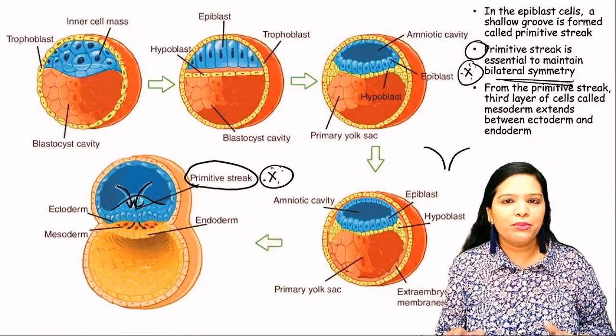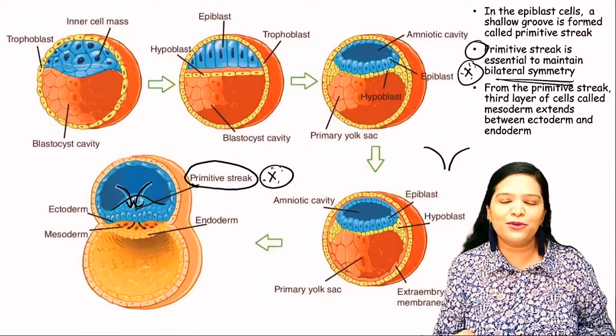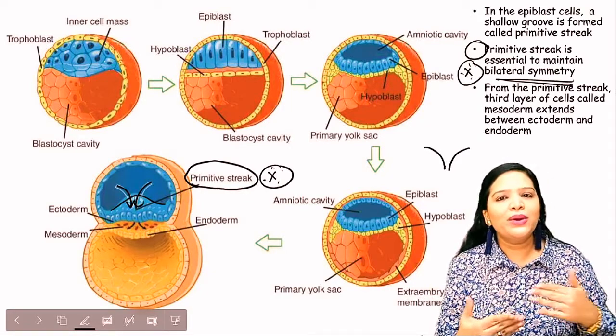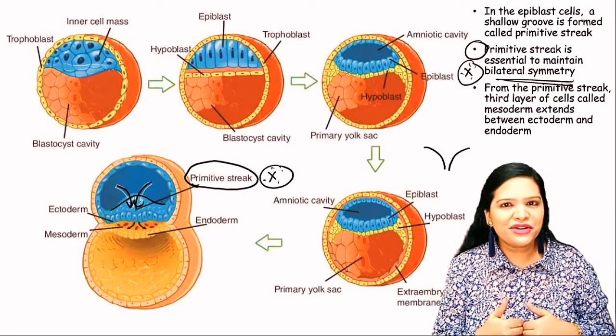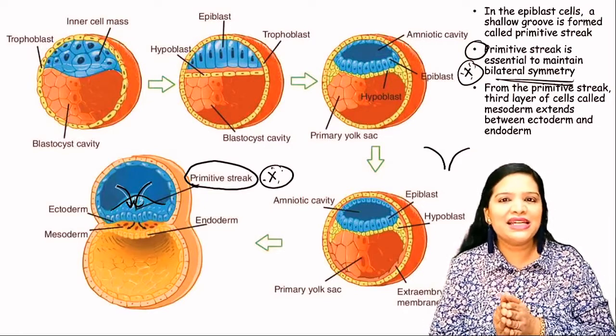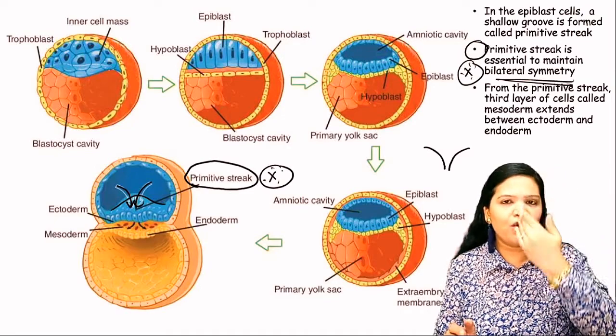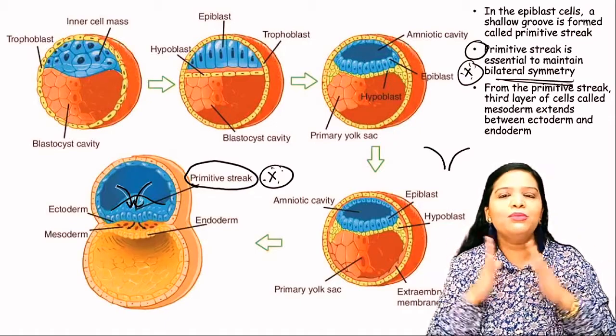See, take our body. We have been formed from the embryo through this same process. When these layers are formed, the primitive streak occurs. So what is the function of the primitive streak? It is essential to maintain the bilateral symmetry. For example, when we cut our body, it will be equal on both sides.